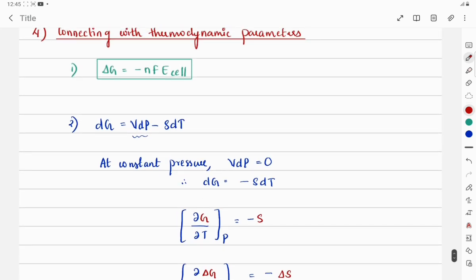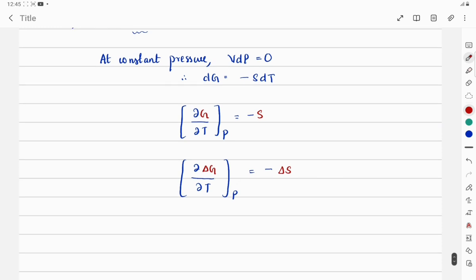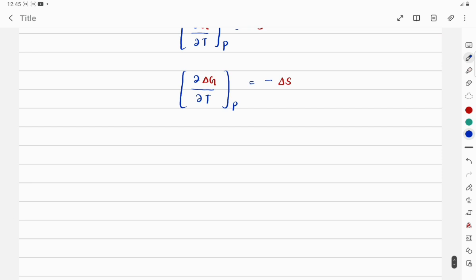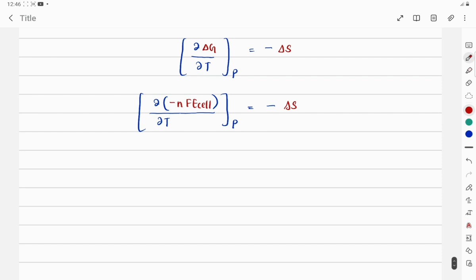Just from the above equation we know delta G is minus NF E cell. So instead of this delta G, I am going to put minus NF E cell. So I will have dou divided by dou T of, instead of delta G, minus NF E cell, the whole thing at constant pressure, will be equal to minus of delta S. Now we know that N, the number of electrons, and F, Faraday, both are constants which can be taken out of the derivative.